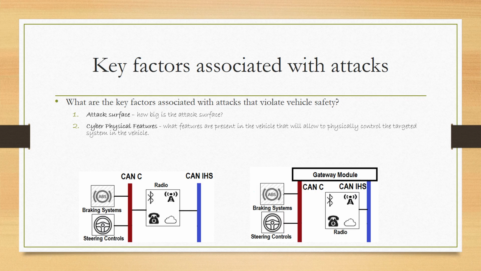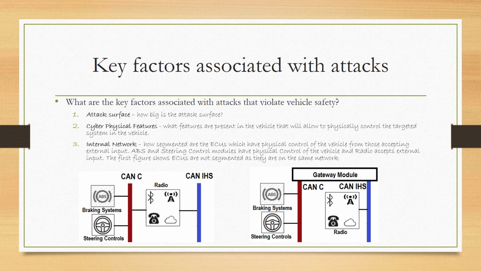The second factor is cyber physical features. What features are present in the vehicle that will allow to physically control the targeted system in the vehicle? Cruise control, park assist, connected car, autonomous car are all cyber physical features.